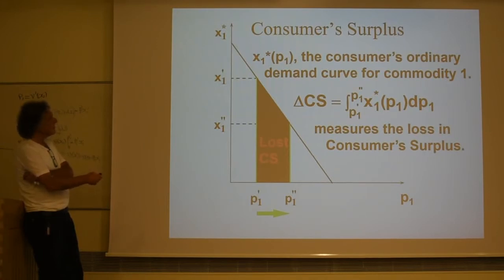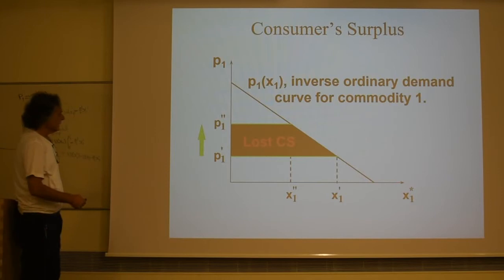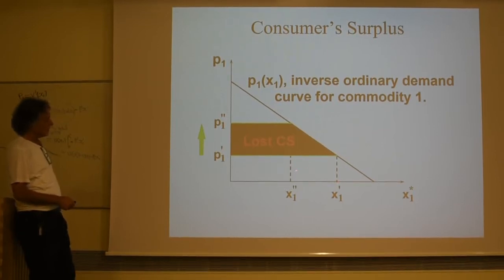Now we want to see the difference in consumer surplus. Let's go back here. That's how much we lose if we go from a price P1 prime to P1 double prime. Or if you like, instead of purchasing X1 prime units, I purchase fewer, X1 double prime units, which is demanded at this price.